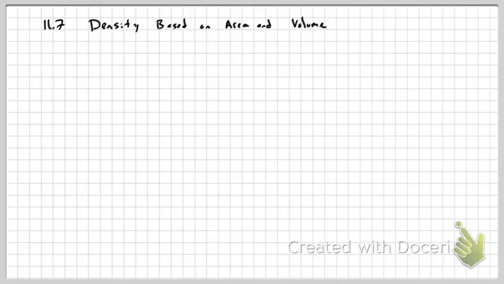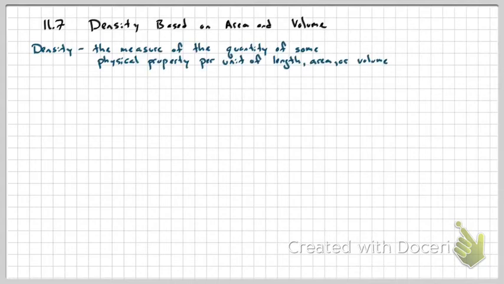We are into 11.7, which is density. Density based on area and volume. If you don't know, density is the measure of the quantity of some physical property per unit of length, area, or volume.